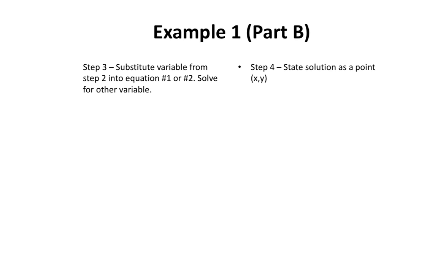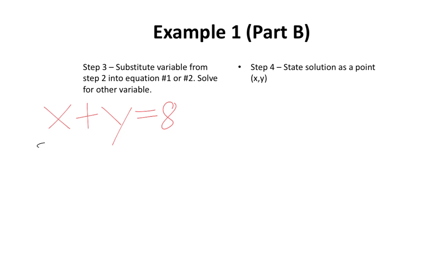In our third step, we want to substitute the variable from step 2 into equation 1 or 2, and then solve for the other variable. So you can start with either equation 1 or 2. The choice is yours. I'm going to use equation 1, which is x plus y equals 8. At this point, I'm going to substitute in my variable from step 2.